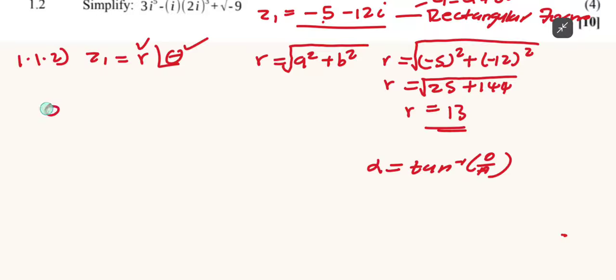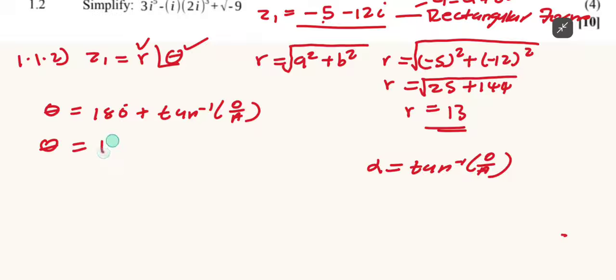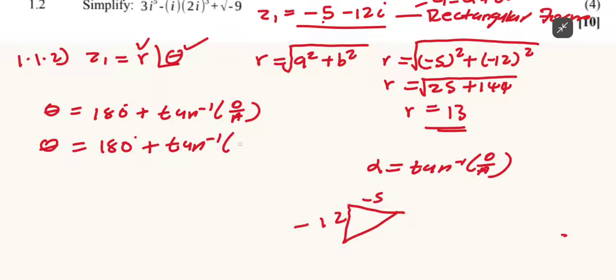Theta is equal to 180 degrees plus the inverse function of tan. We know tan is opposite over adjacent, so theta is 180 degrees plus tan inverse of opposite over adjacent. Our diagram will be like this: we have minus 5 and minus 12.